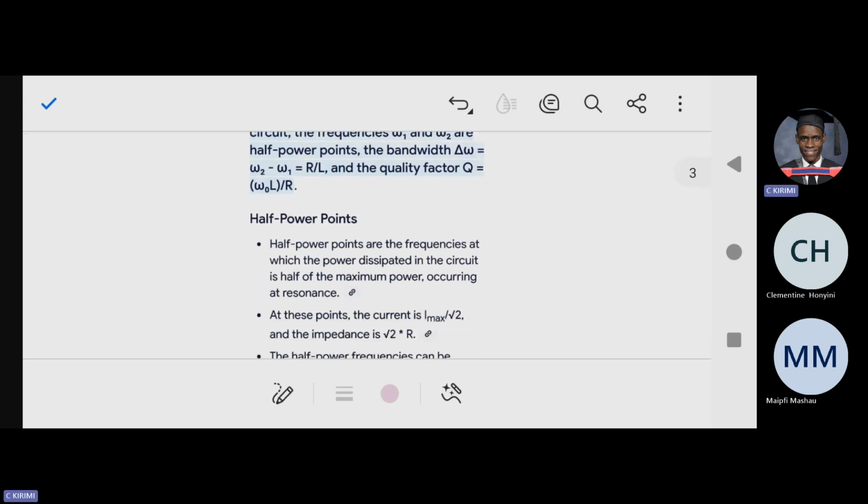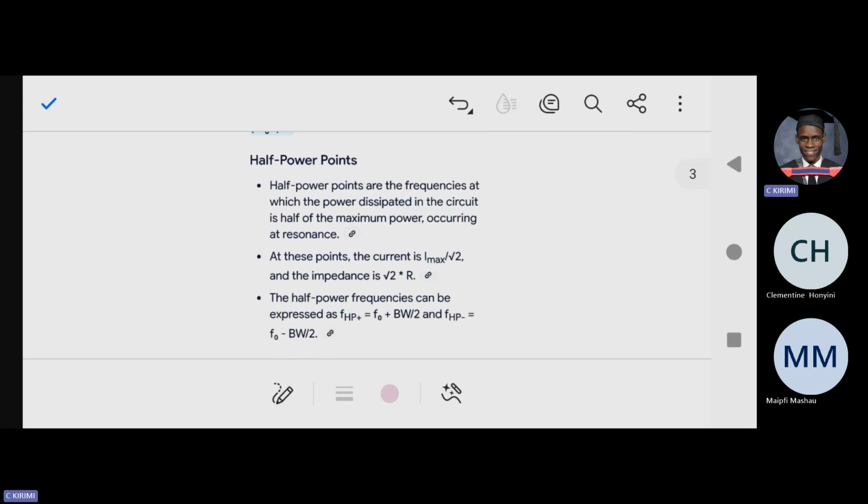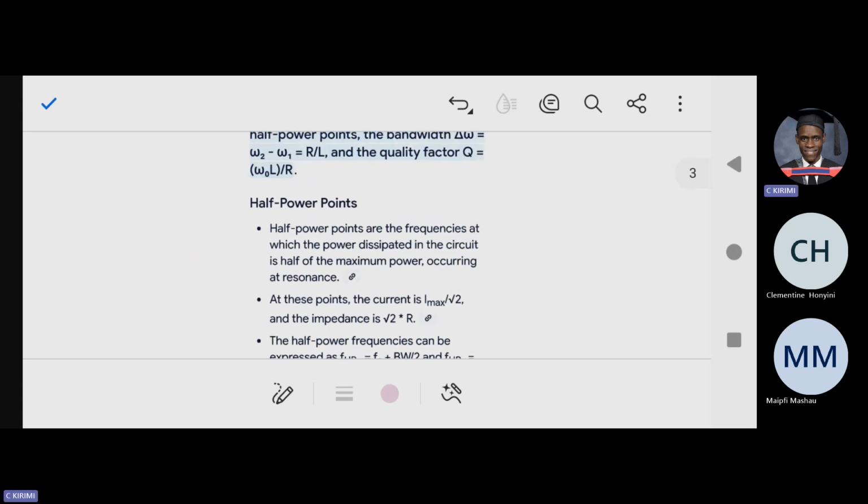So the half power points, these are just formulas I will share with you. This is the one which I was talking about from matric level, where I max, these are the points of current, where it's I max over root of 2. The root mean square, IRMS.